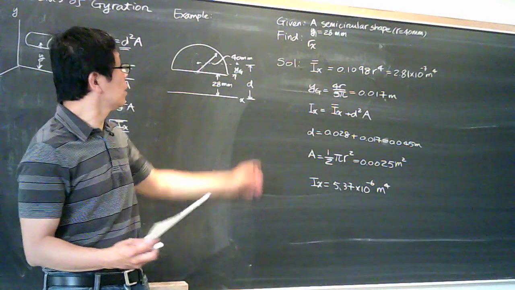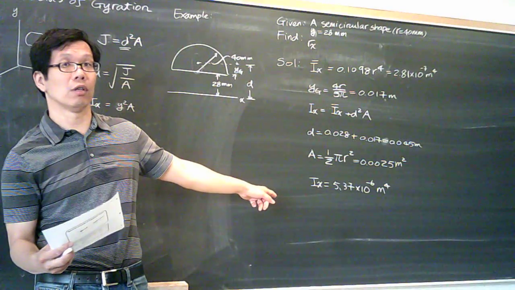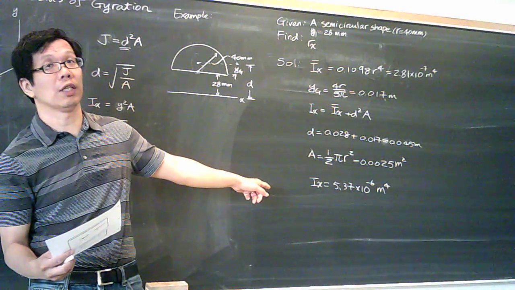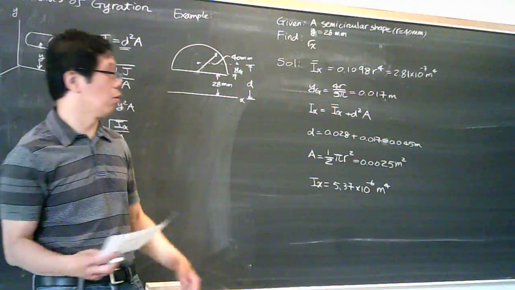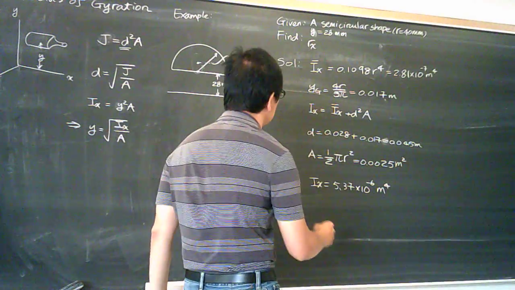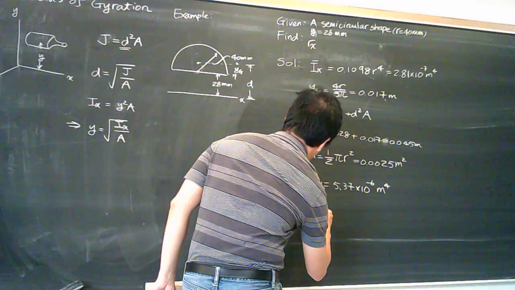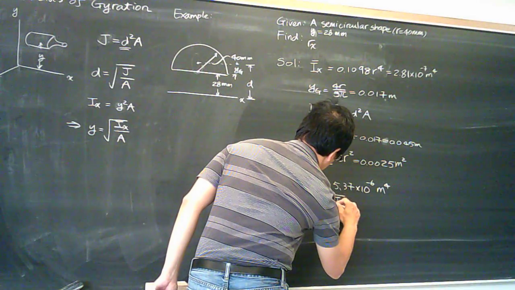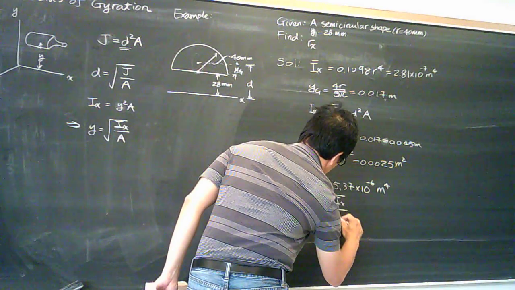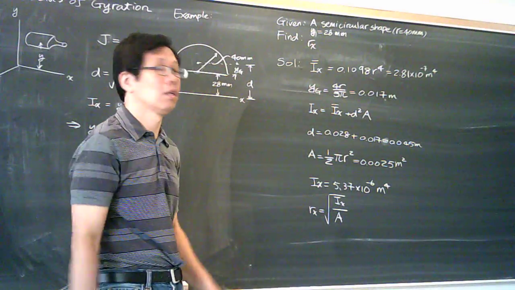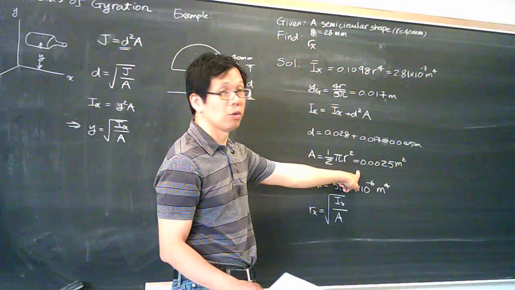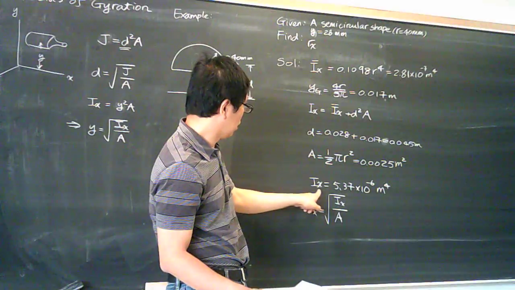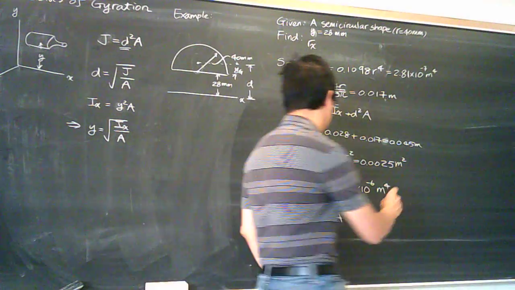But that is not something I'm looking for. I'm actually looking for the radius of gyration. So when I'm looking for the radius of gyration, Rx is going to be the square root of Ix over A. A is something we know over here. Ix is given over here.